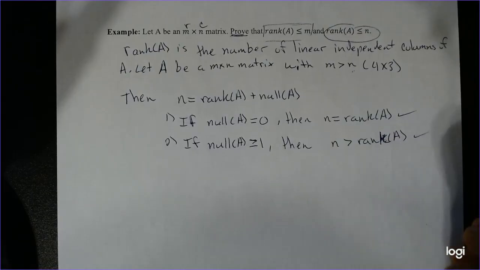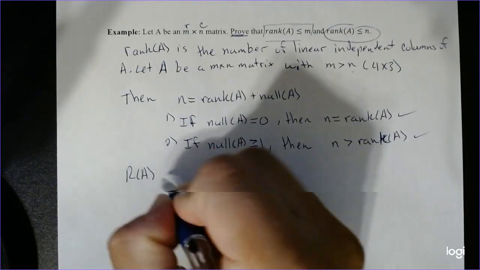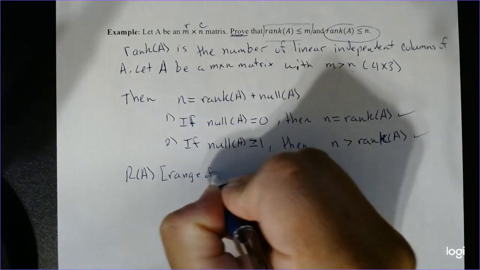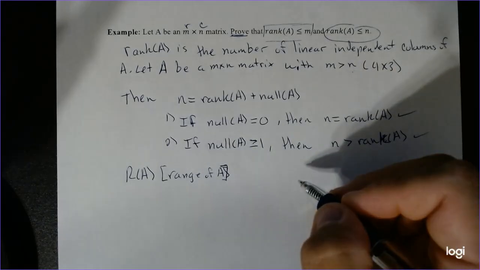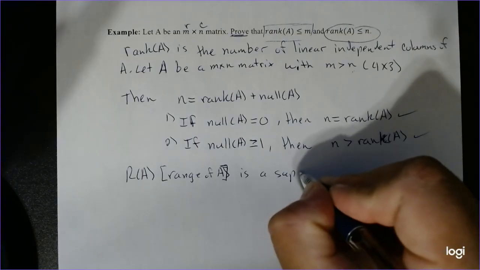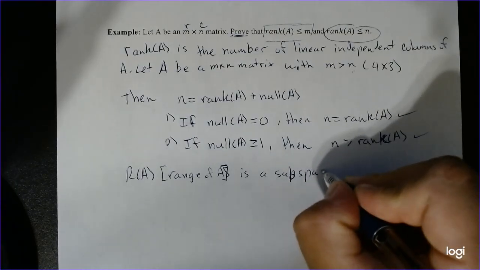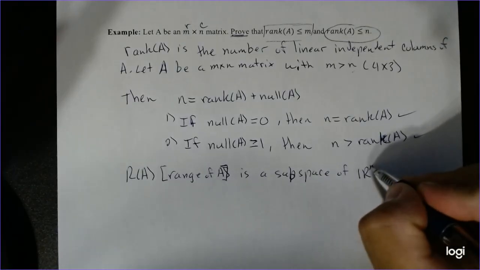So we're going to go back to our portion. R of A again represents the range of A, the dimension of the range of A. And we know this is a subspace of R^n, or sorry, R^m.